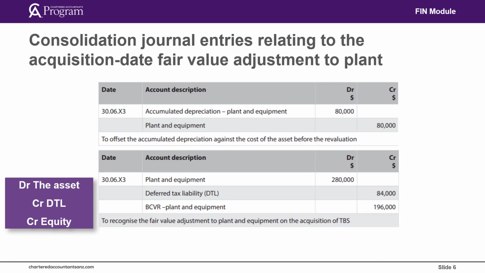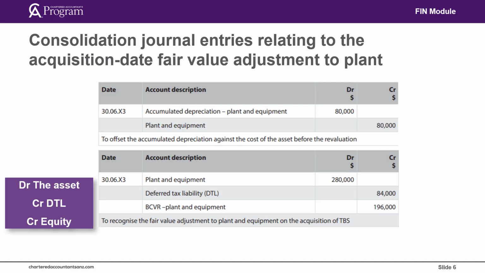The second entry lifts the plant up from the $920,000 net carrying amount by $280,000 to bring it up to the acquisition date fair value of $1.2 million. Think of this entry as accounting for a difference rather than it being an elimination entry. As the asset side of the balance sheet increases, we recognise a future tax impact.